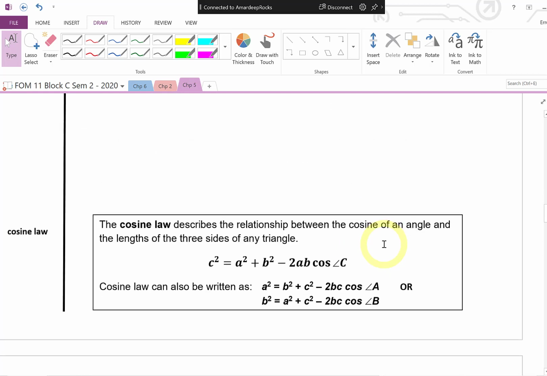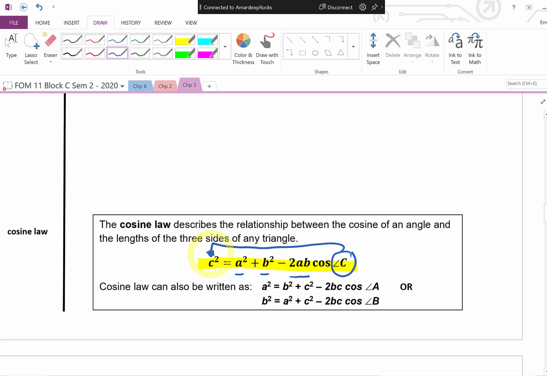But I will highlight, and you're going to need to remember these. Cosine law, notice there's a pattern. c squared is equal to a squared plus b squared. This looks so much like Pythagoras. But here's the kick. You're going to subtract 2 times ab, cosine of the angle that you need to find the side for.